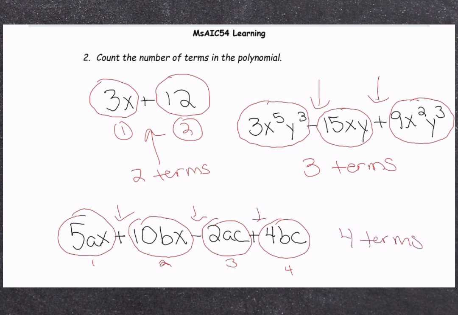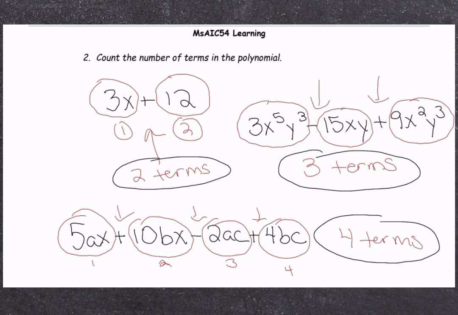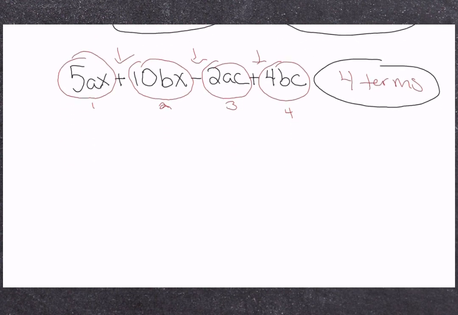Okay, and it's just important that you understand how to count your terms, because if you know how many terms you have, then you know what approach you can take. You can't factor anything like this, but I'm just making up something. So let's say if you have something like this, how many terms do you have?